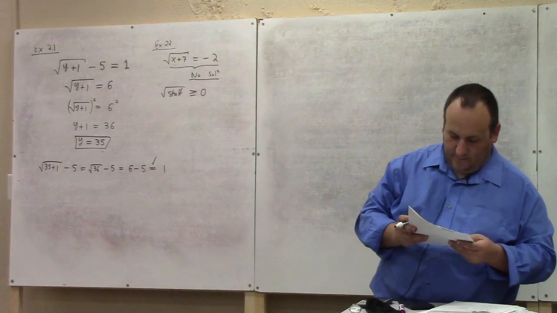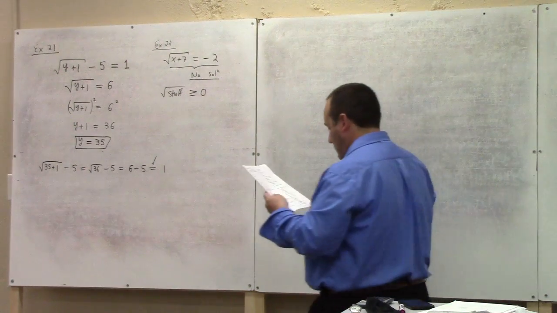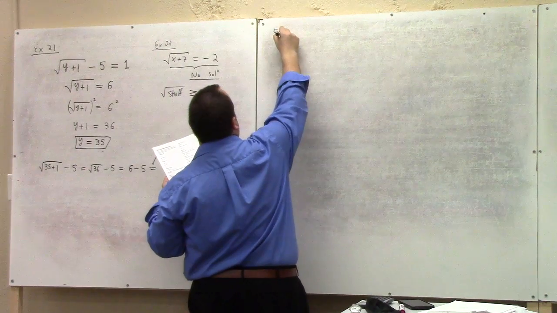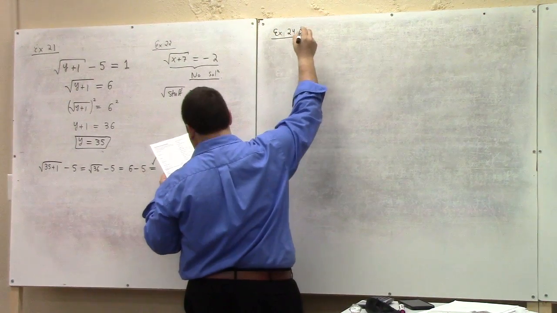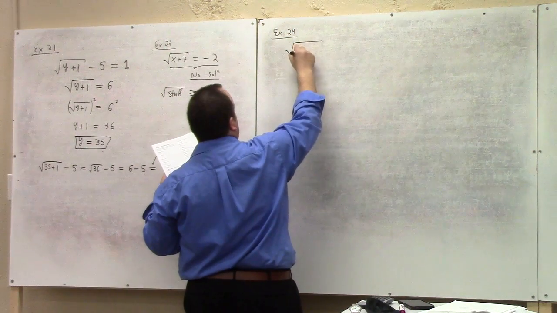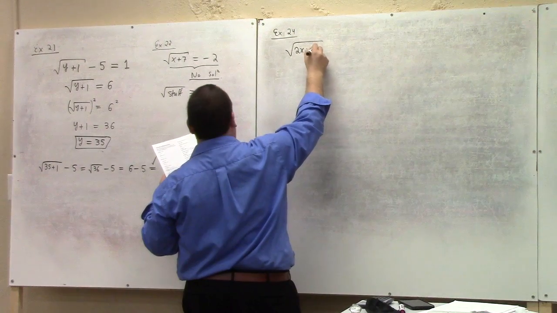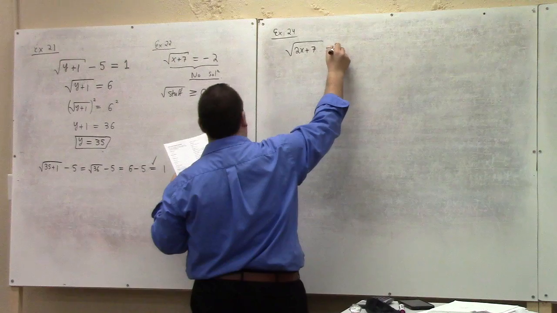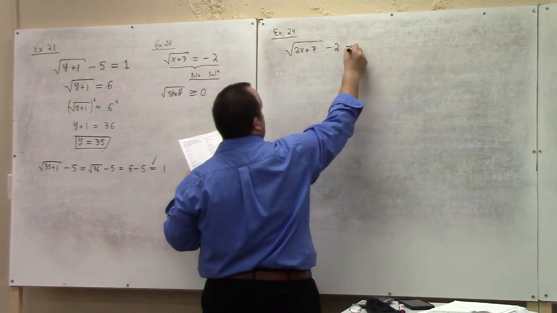Let's see here. Can we solve, let's try exercise 24. Here we've got the square root of 2x plus 7 minus 2 equals x.